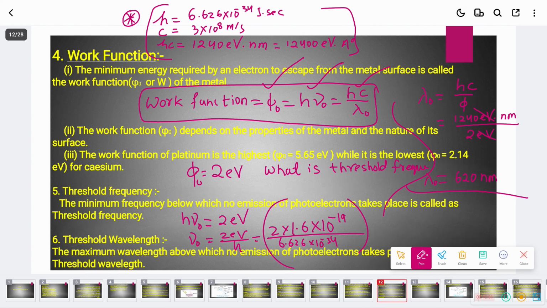Here it will be written, and the exercise is also given. 6.626. Otherwise you can write 6.63. It is taken here as the h value, 6.63.